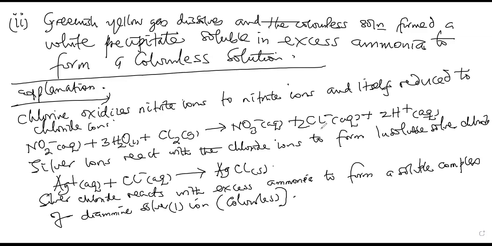So the whole mechanism begins with getting a chloride, which reacts with the silver from silver nitrate, to form silver chloride, which reacts with the excess ammonia. So we shall have silver chloride solid plus excess ammonia molecules to form diamine silver 1 ion and chloride ion.